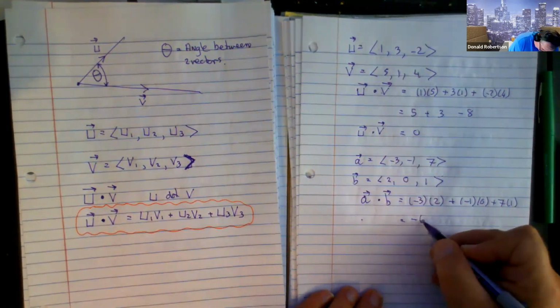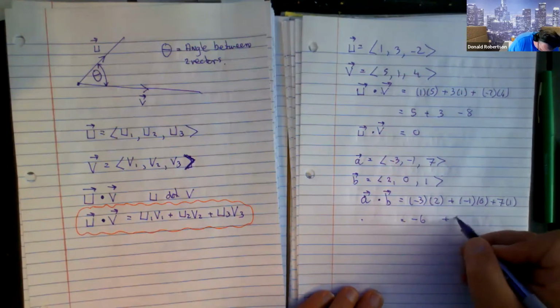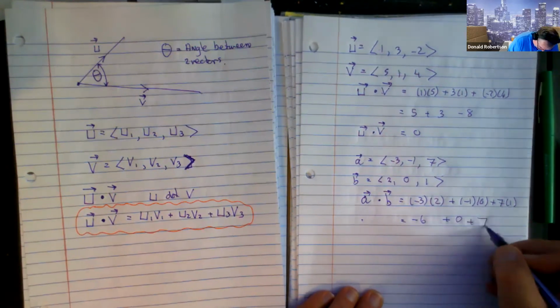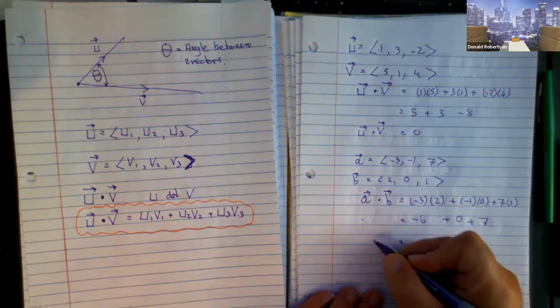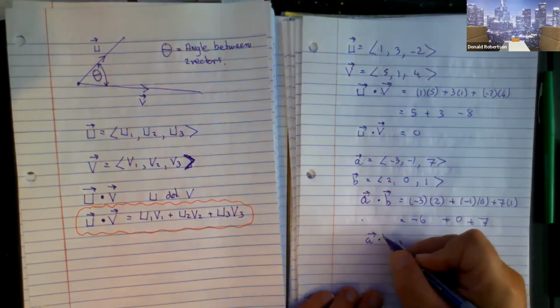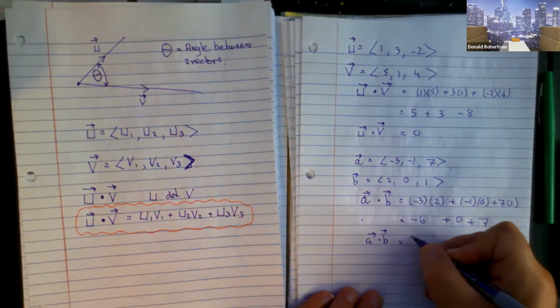And that will be -6 plus 0, add 7. And this time, the dot product is equal to 1.